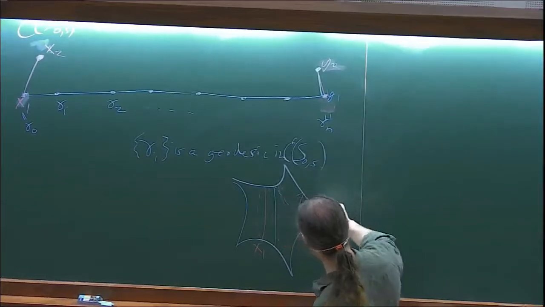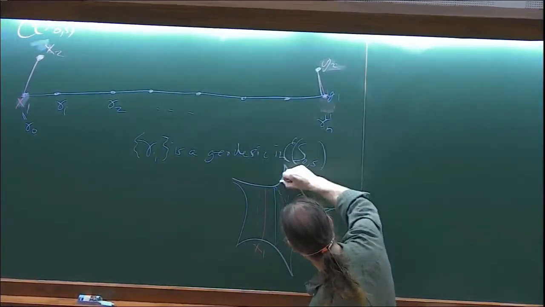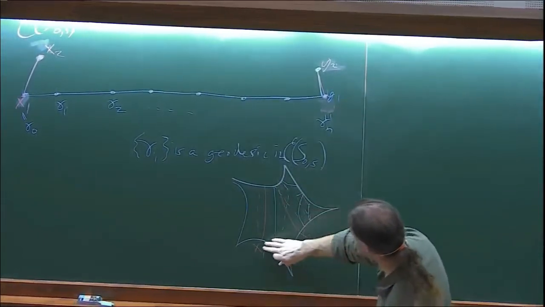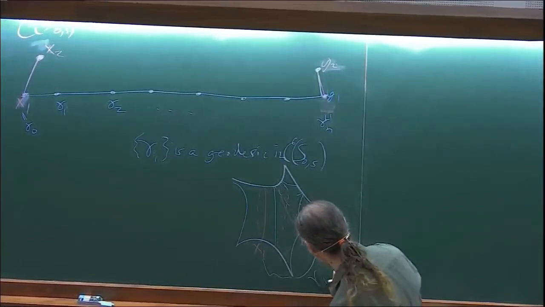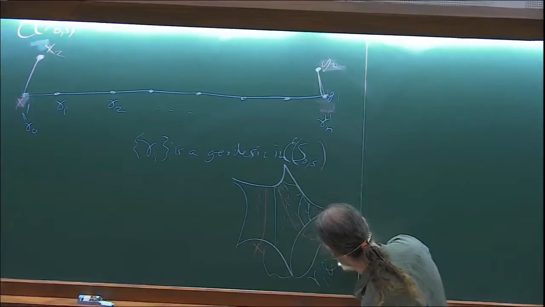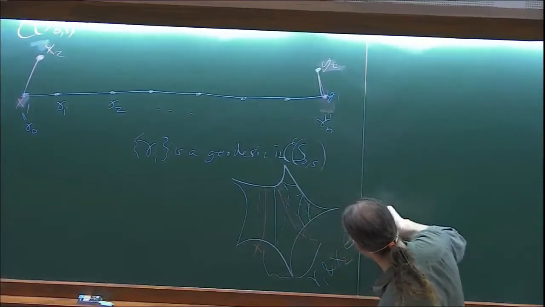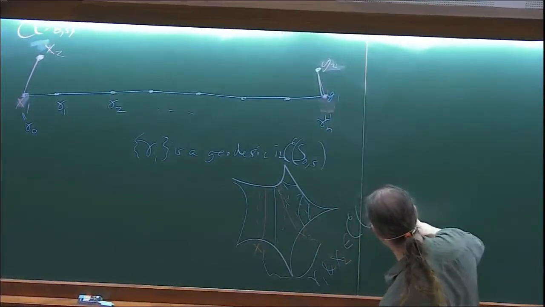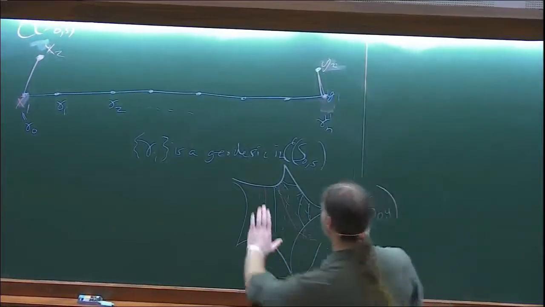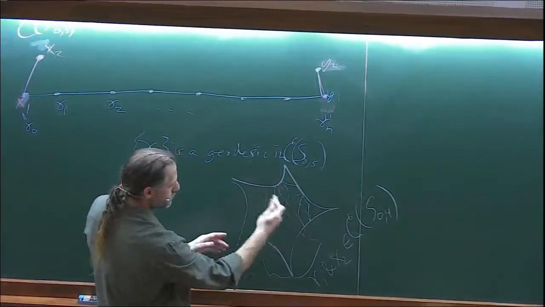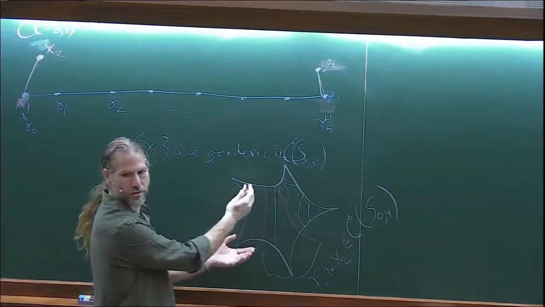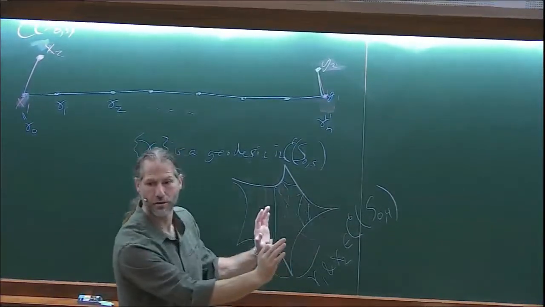Anyways, it's some curve over here, which is simple and is disjoint from X1. So both gamma 1 and X2 are in the curve complex of S04. Because both of them avoid X1, they can't cross over to this side at all, so they both live inside this 4-hole sphere.